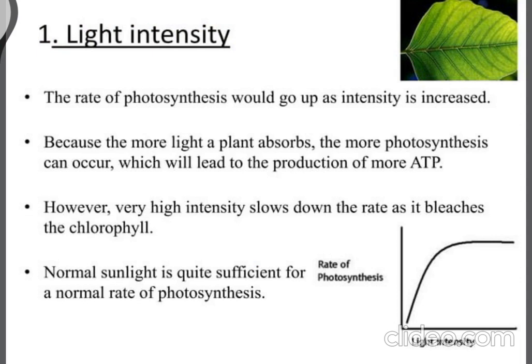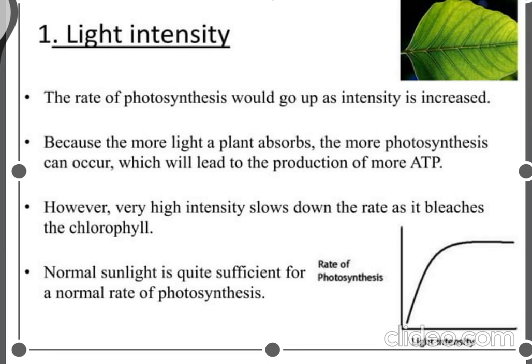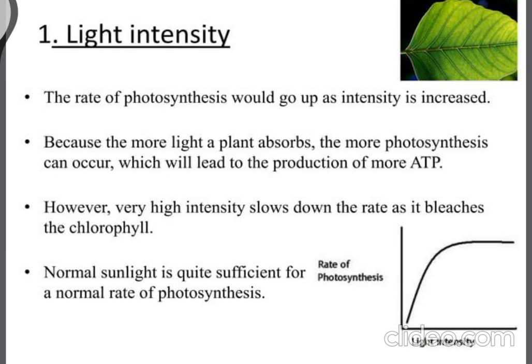However, very high intensity slows down the rate, as it bleaches the chlorophyll. Normal sunlight is quite sufficient for a normal rate of photosynthesis. This is the rate of photosynthesis and light intensity.